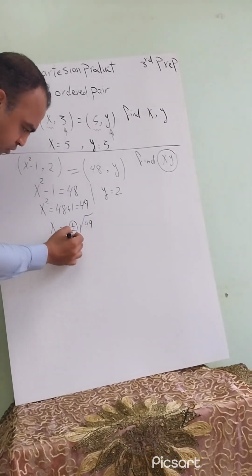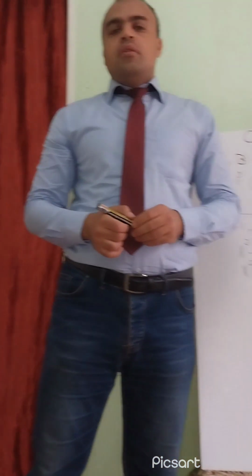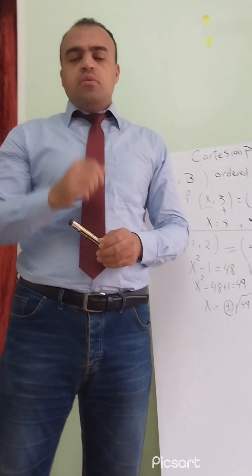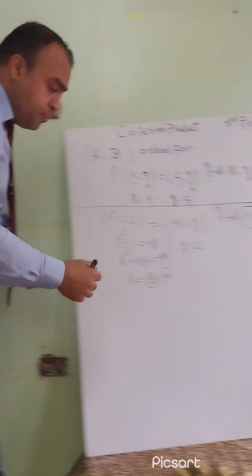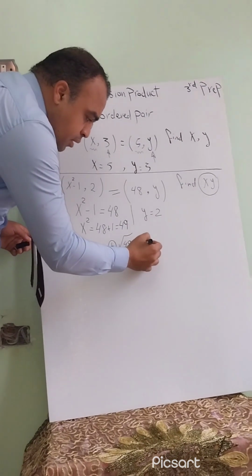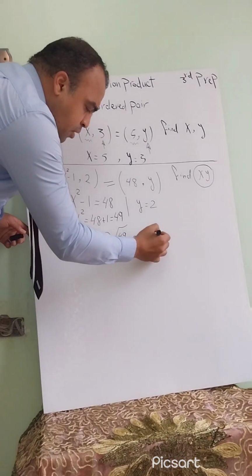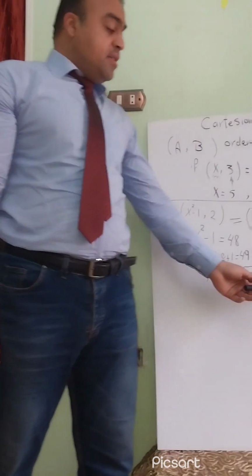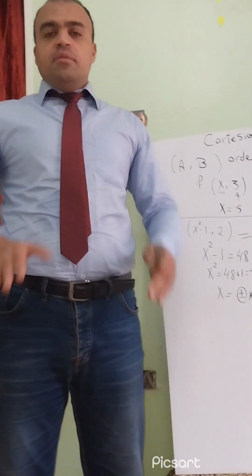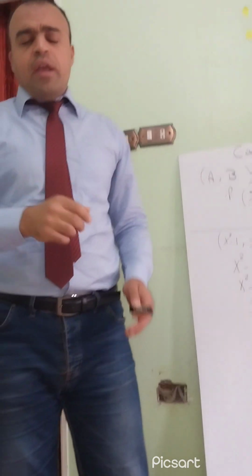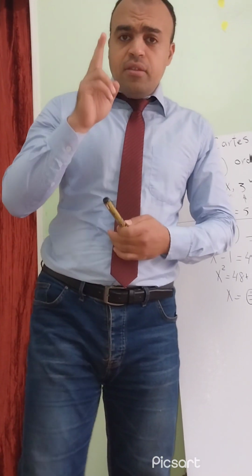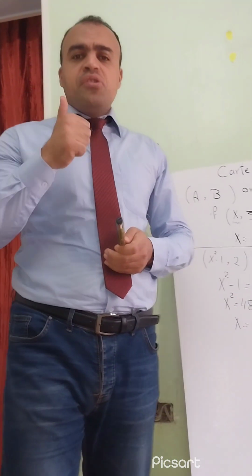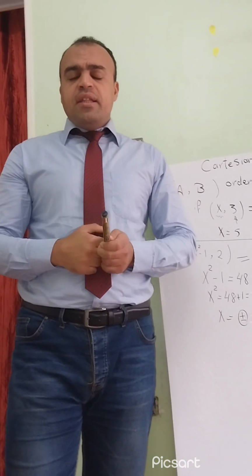ومحدش ينسى positive or negative. 2 roots for x. So x equals positive or negative 7. If x equals positive or negative 7, it means that I have two values for x. عندي two values للـ x: x equals positive 7, x equals negative 7.